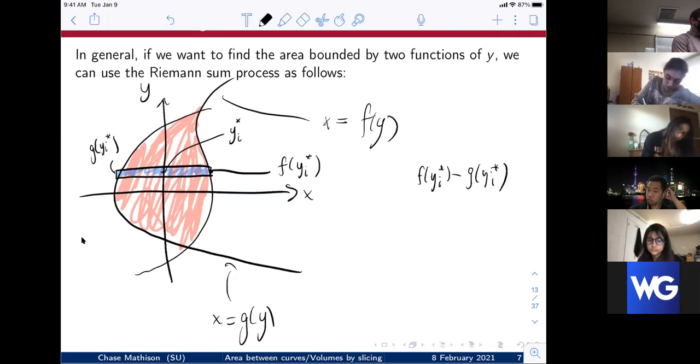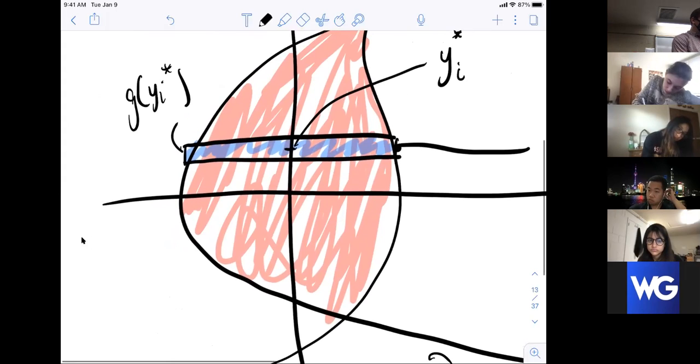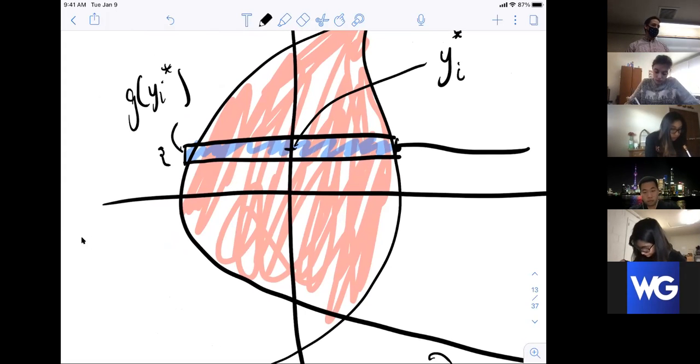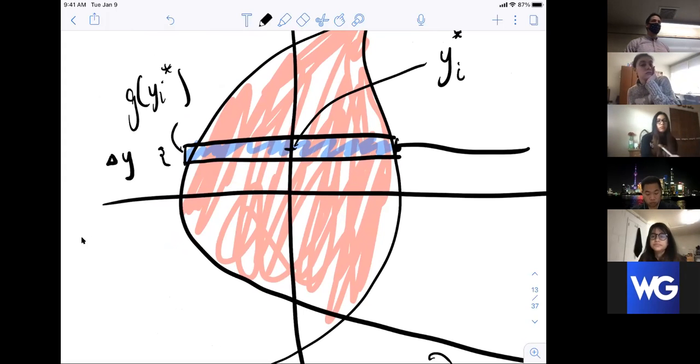Okay, and then its height, well, I'm only looking at one rectangle, but I assume that all of my rectangles have the same height, in the y case, of delta y, right?